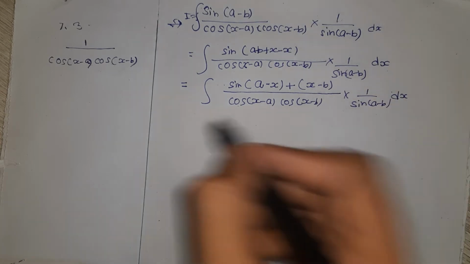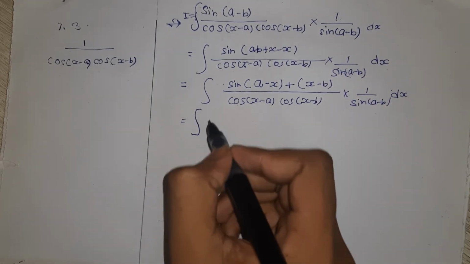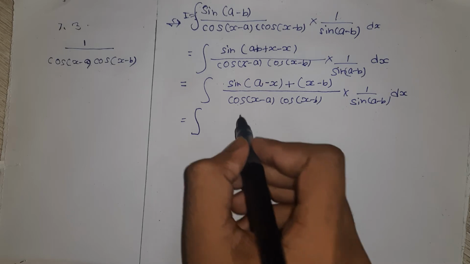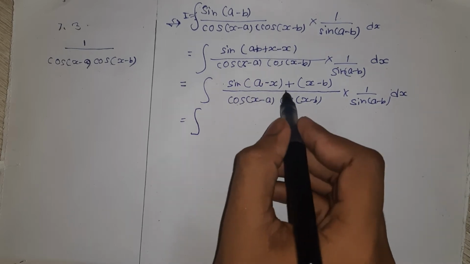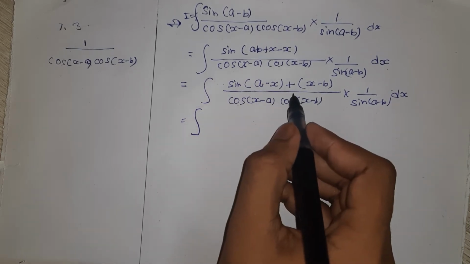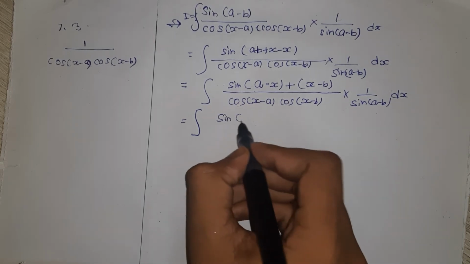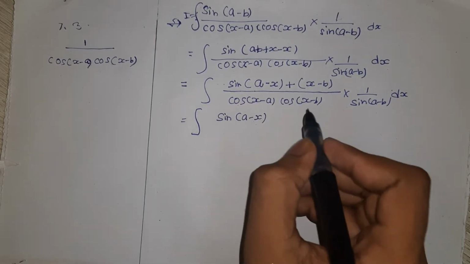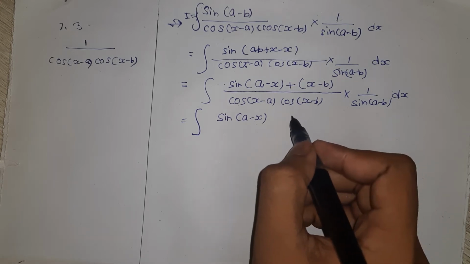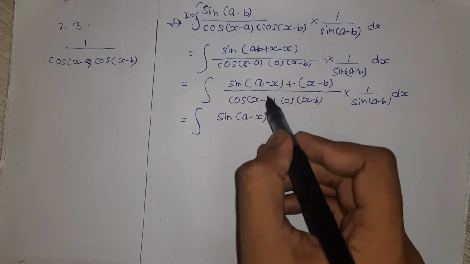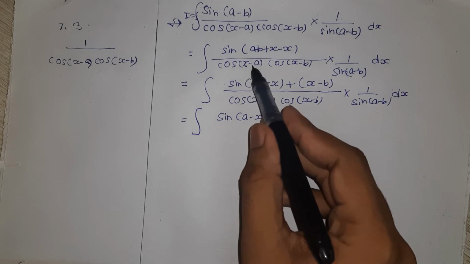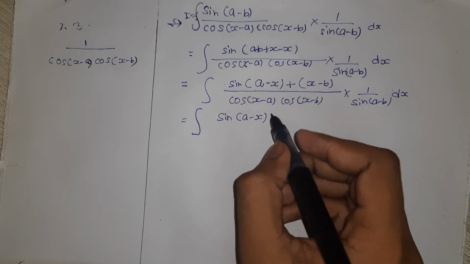We are going to write it as it is. Now what happens here? We know the formula of sine a plus b. What is the formula for sine a plus b? Is sine a, but what is the requirement? x minus a is the requirement, right?